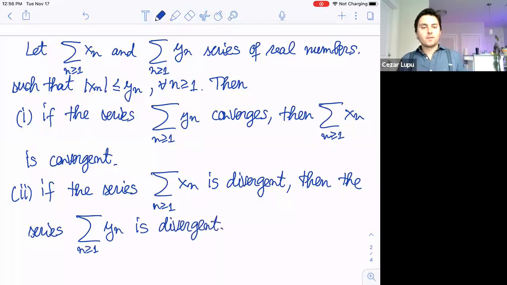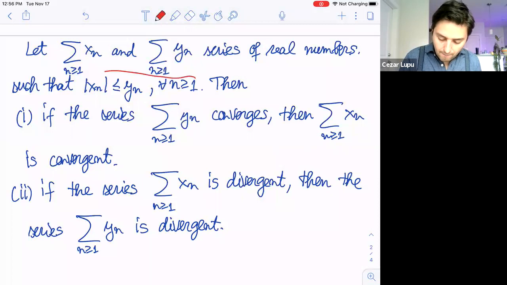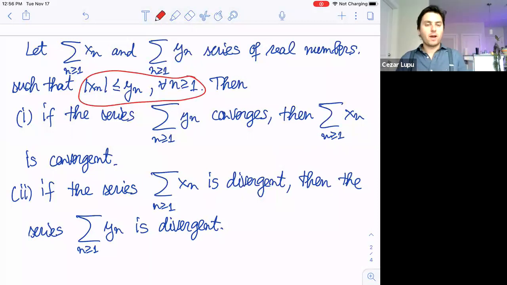You see? The only thing you need to keep in mind here is this inequality. That's the important fact, because you can remember this as Yn dominates Xn. If the series of Yn is convergent, then there is no way you can have the series of Xn divergent, because Yn will dominate Xn.